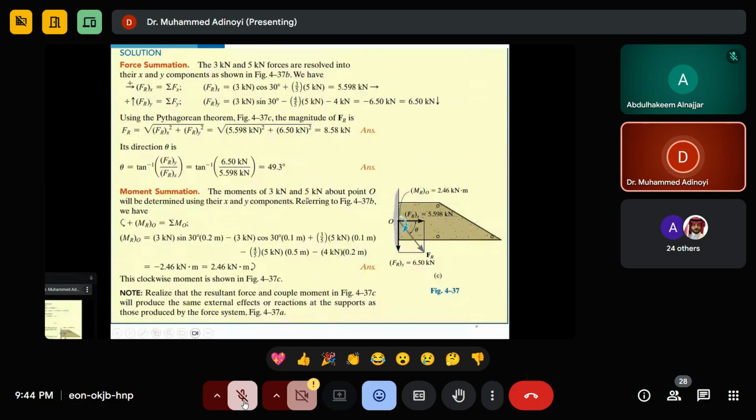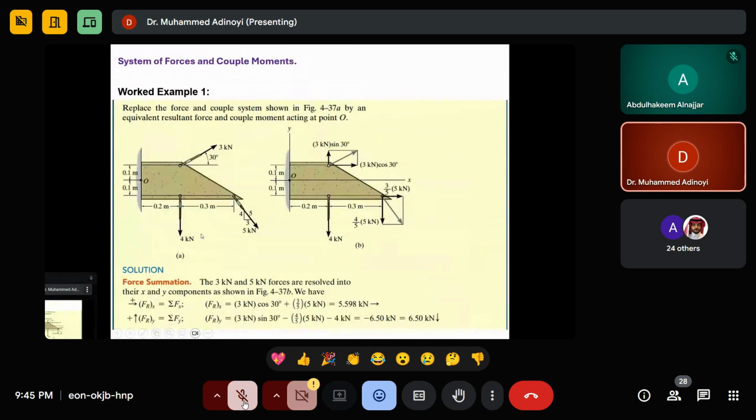So you are asked to take the moment about O. Let us look at the forces. The 3 kilonewton, let me go back. It's going to have two components here, as shown here.